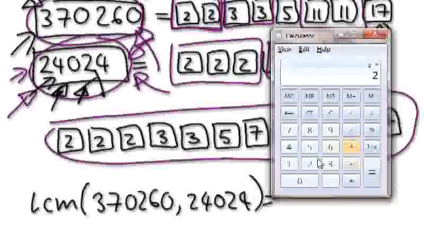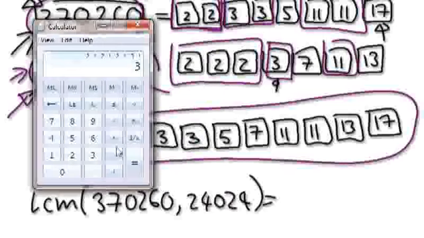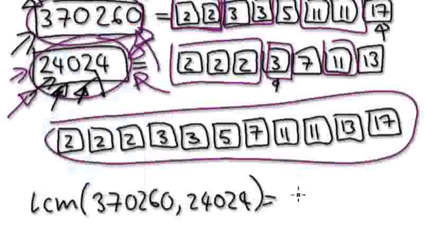So it would be 2 times 2 times 2 times 3 times 3 times 5 times 7 times 11 times 11 times 13 times 17 equals that.